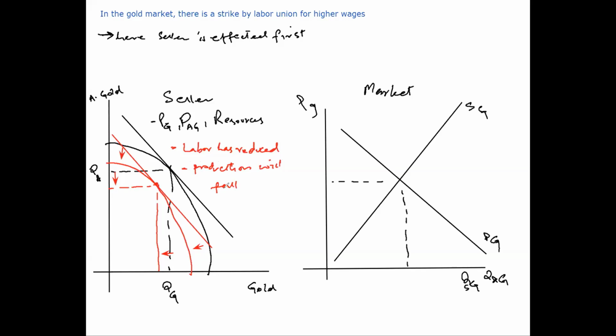This way we can see that because of the strike by the labor union, there is a fall in the quantities of gold being produced, and also the quantities of artificial gold.